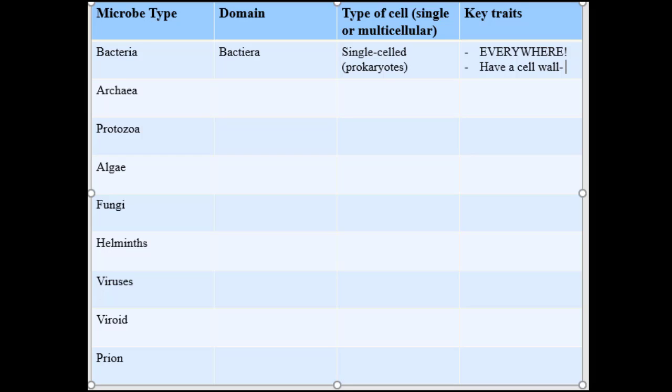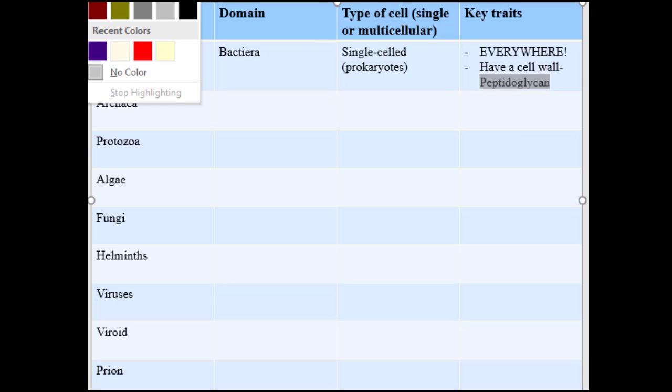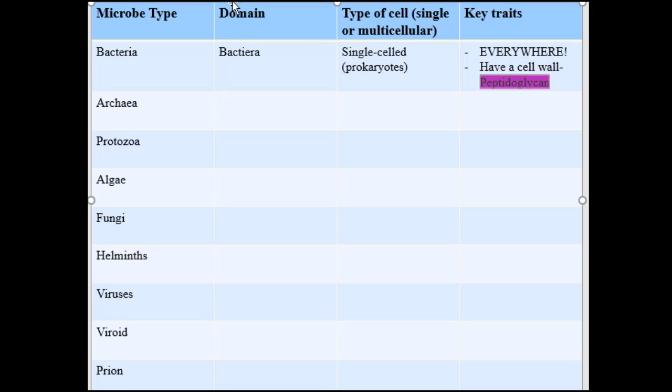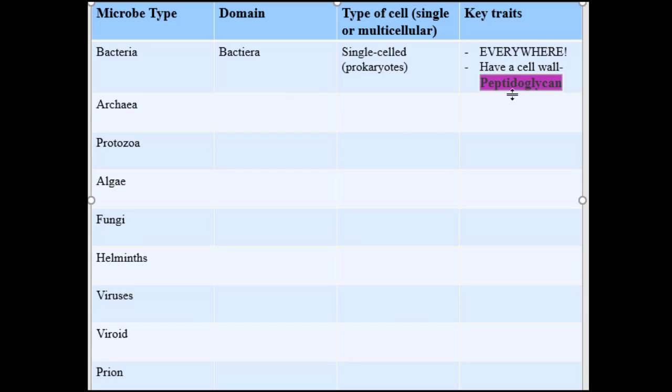What's so unique about bacteria's cell wall is it contains a material called peptidoglycan. I'm going to put this word in like a bright pink color so you don't forget it. If there's one thing you're going to learn today, it's that peptidoglycan is in bacteria. It's in the cell wall of bacteria.